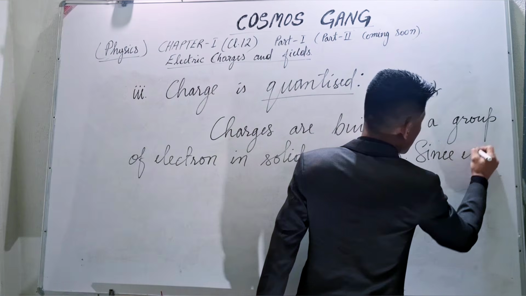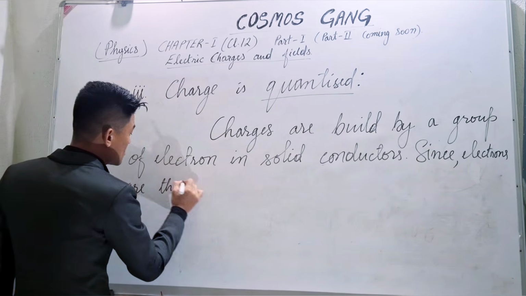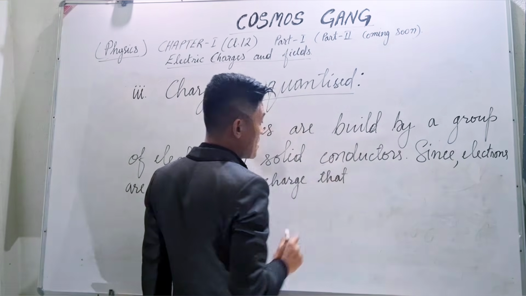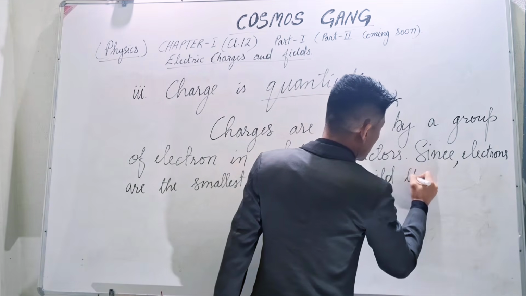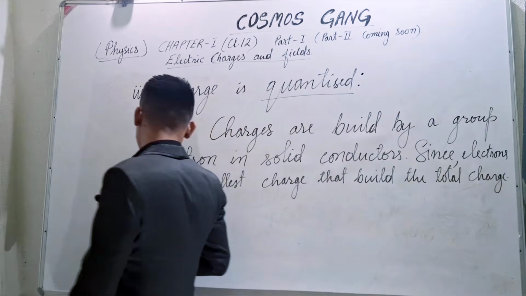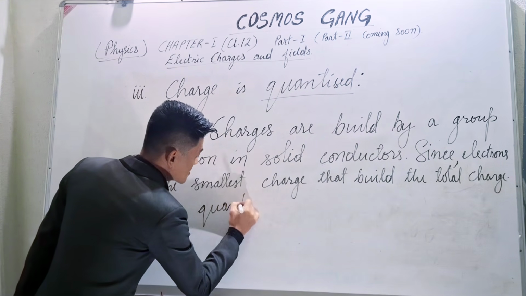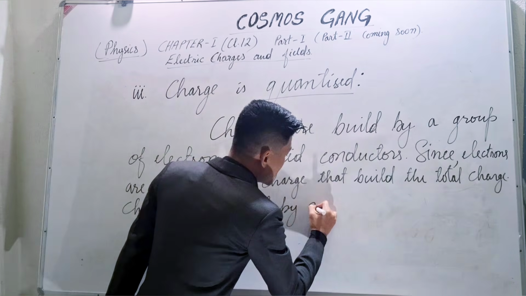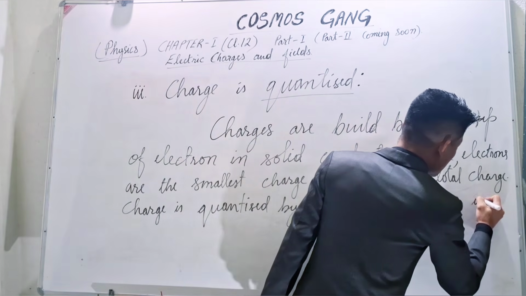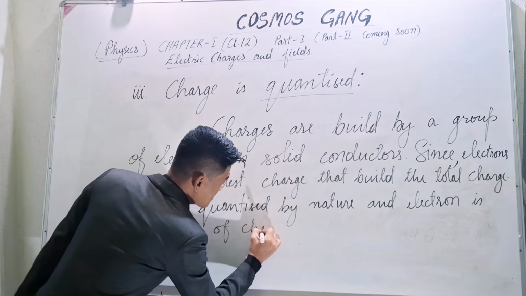Since electrons are the smallest charge that builds the total charge, we can say that charge is quantized by nature and the electron is the quanta of charge.